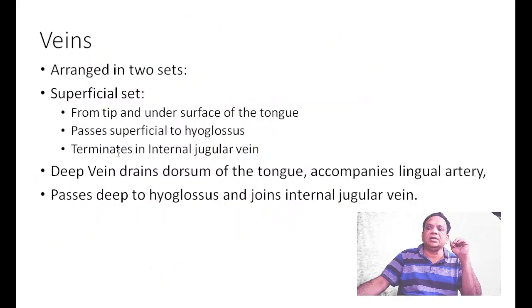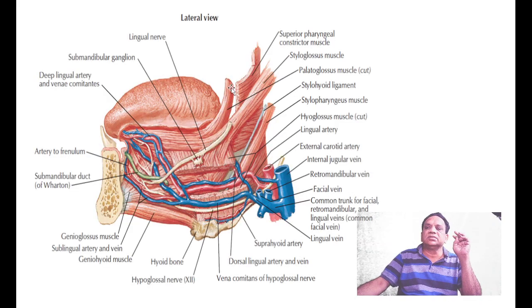So ultimately the veins will drain into the internal jugular vein. The course or the path may be somewhat different, but they drain into the internal jugular vein. You can see this is the view of the blood vessels, and this is the lingual nerve and submandibular ganglion, which is providing the secretomotor fibers.